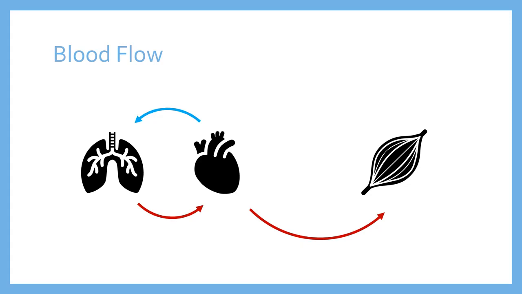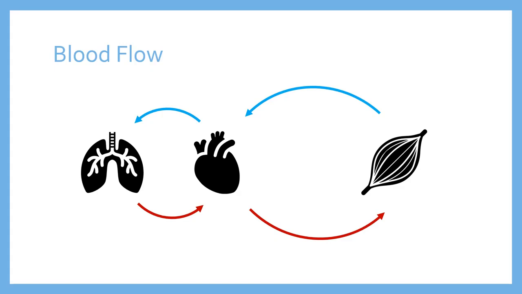It arrives at the muscles, which extract the oxygen that they need for cellular respiration to keep contracting and so on, and then the blood continues on its journey back to the heart. So you can see there's almost like a double circuit going on here: heart, lungs, heart, then heart, muscles, heart, and the cycle continues almost as a figure eight kind of cycle.